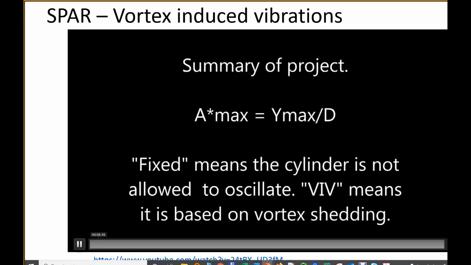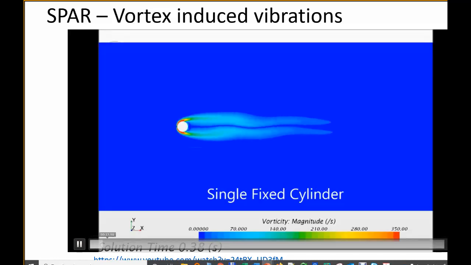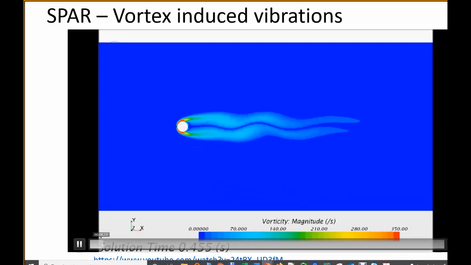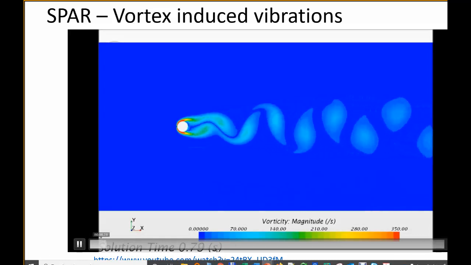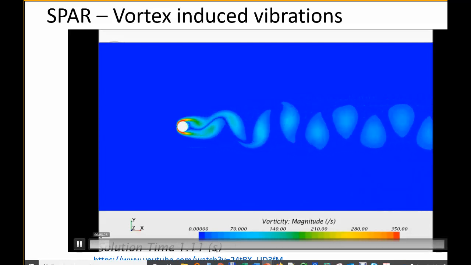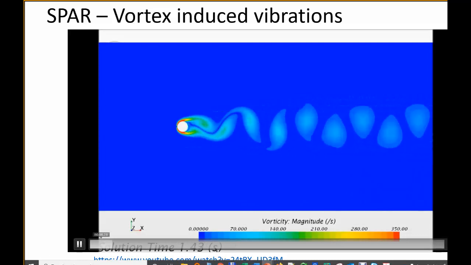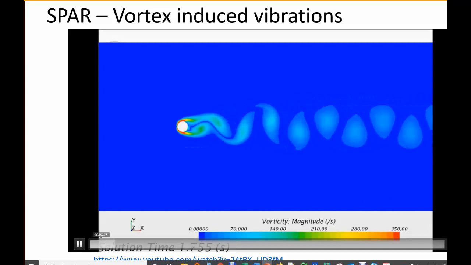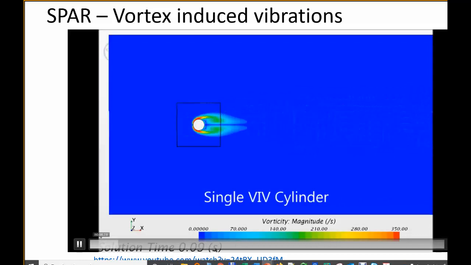That's a simulation, but here you can see that at low speeds it simply splits. You see the detachment point here and the detachment point here, but when you start increasing the speed, you see this phenomenon that the detaching point is moving slightly up and down. And then you have the creation of those vortices.